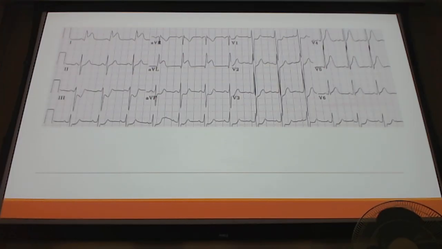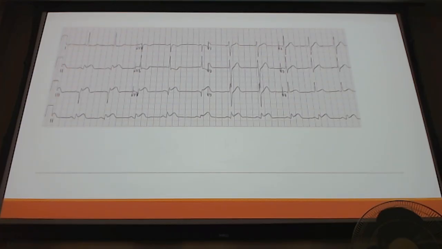So you have that elevation in 1 and aVL. We've got depression, or reciprocal changes, in 3 and aVF. Arguably there's a little depression in 2. It's a lateral, good. So what artery is commonly involved with this? Yeah, left circumflex, good.